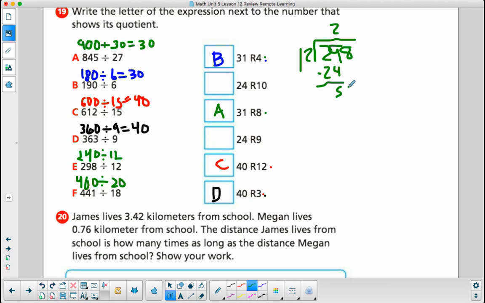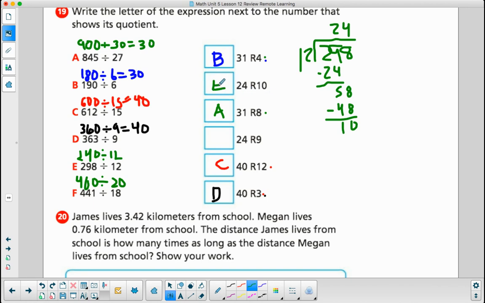Bring down my 8. I know it's going to be 4 because my quotient has to be 24. 4 multiplied by 12 is 48. And this one, letter E, has the remainder of 10.